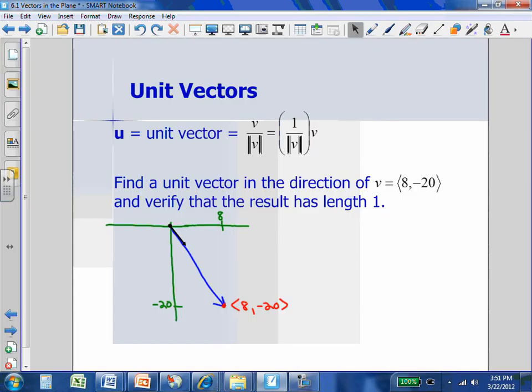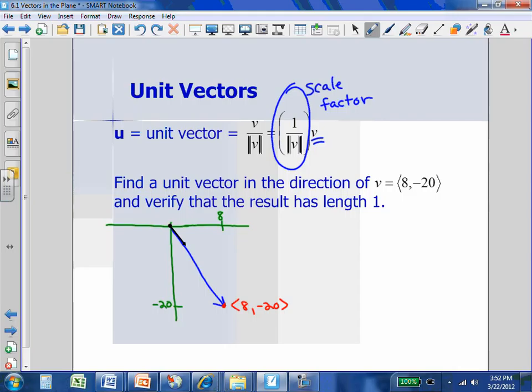Scaling it back. And our scale factor that we're going to scale it back by is right here. This is the scale factor that will reduce our vector v back down to just a length of 1. So what we need to do is find 1 over the magnitude of v.